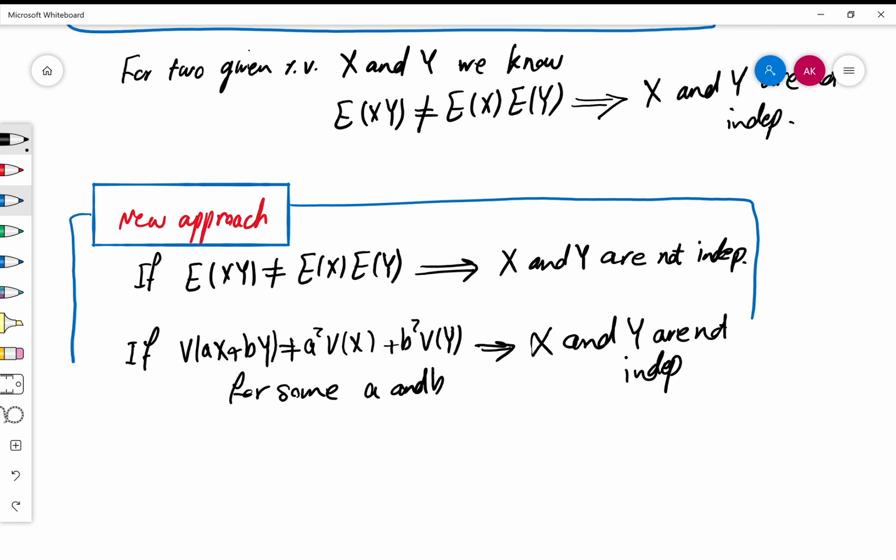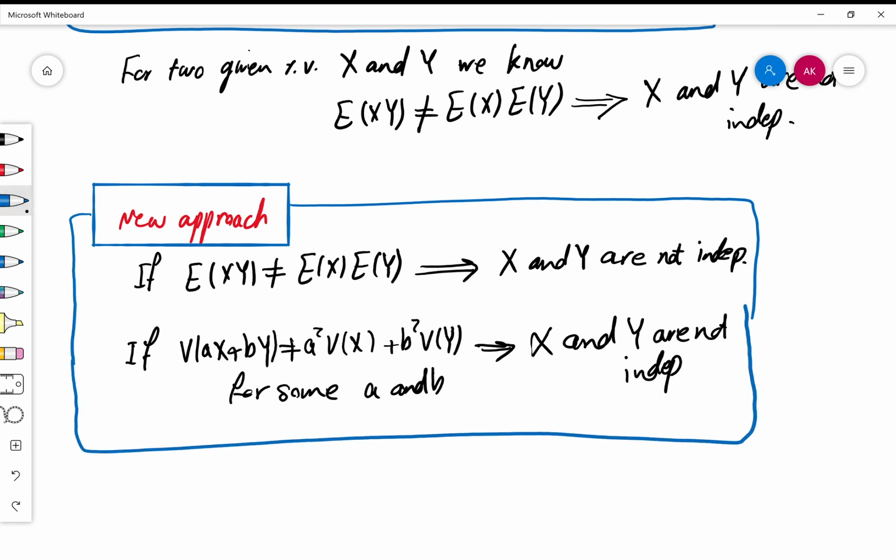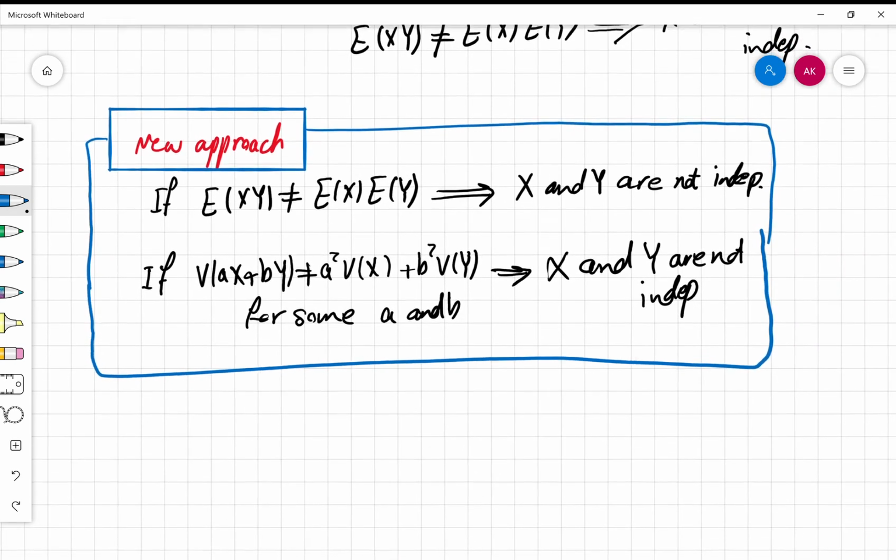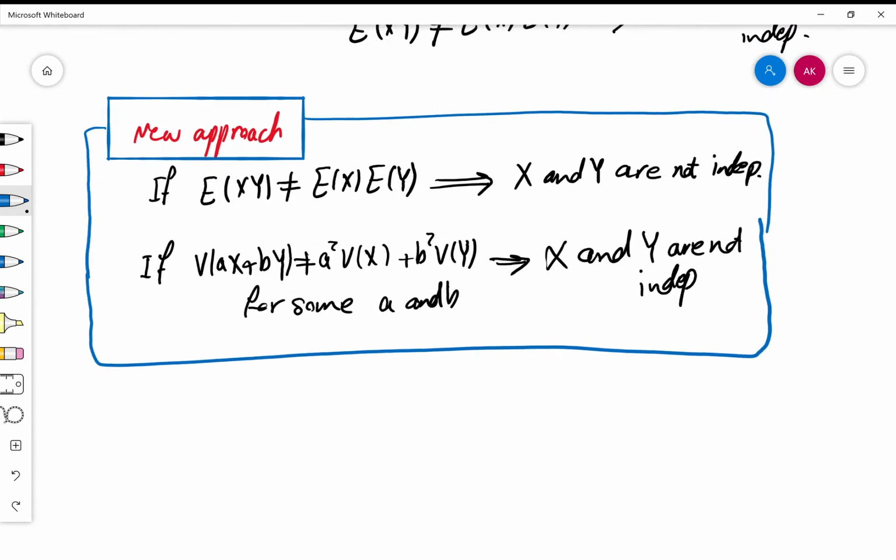So this is the approach we will take in some of the problems, in the problems where computing these parts is possible and we can check that these are not equal.